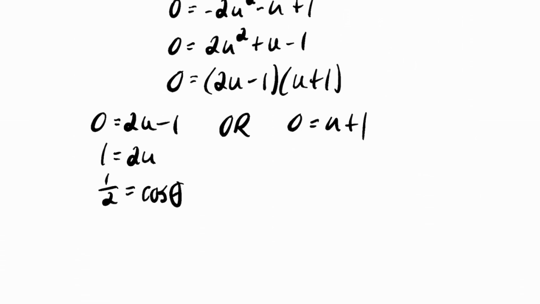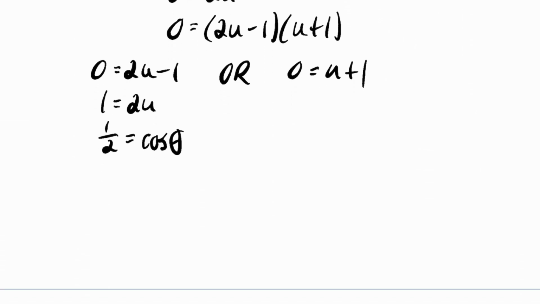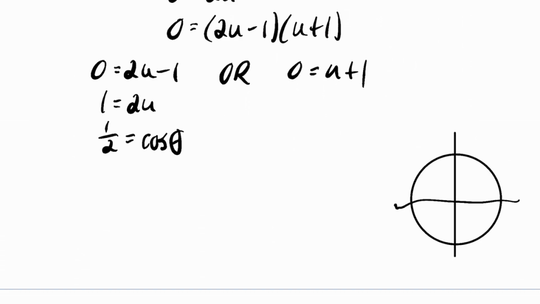So 1/2 equals cosine theta. Okay, and now I can ask, what angle values, when substituted in for theta, would cause cosine to be 1/2? So I can think about the unit circle, and I guess I'll draw a unit circle over here. There we go.